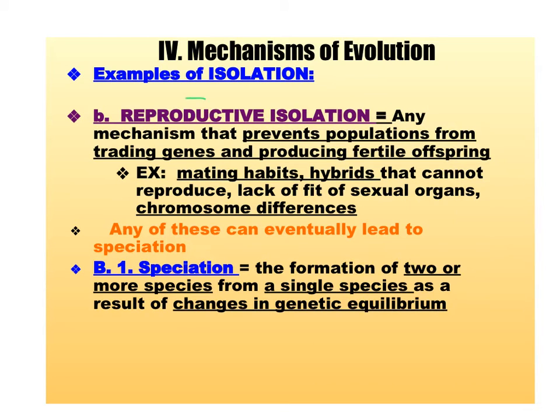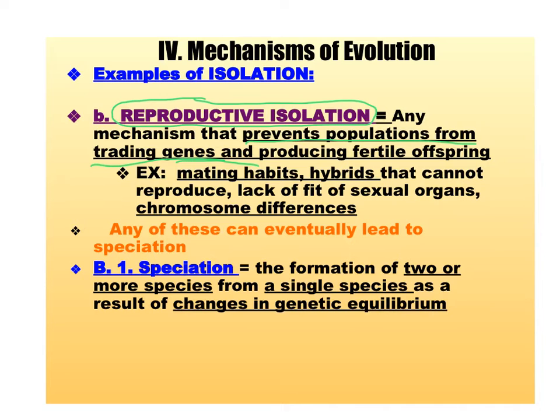All right, reproductive isolation. I'm not going to go over that much because I'm not going to test you on it. But these are things where the population is still together. They haven't been isolated from each other physically, but there are some things that can prevent populations from trading genes.